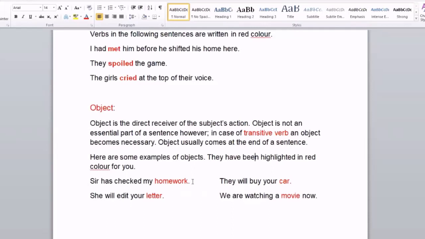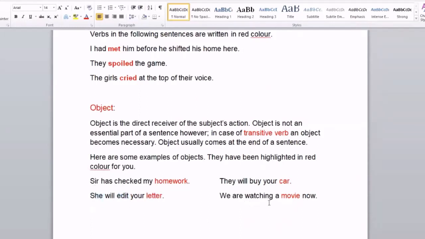As you can see, Sir has checked my homework. So homework is object here in this sentence. They will buy you a car. So car is object. She will edit you a letter. Letter is object. Why? Because it's something that receives the subject's action, and action is editing.